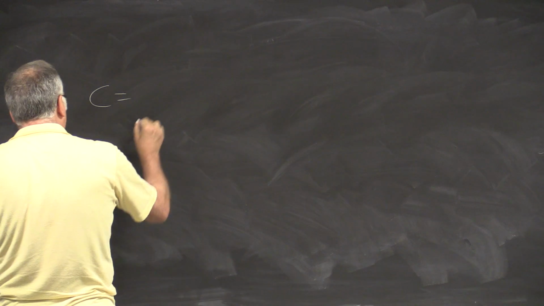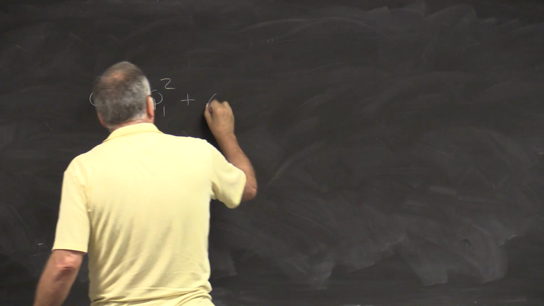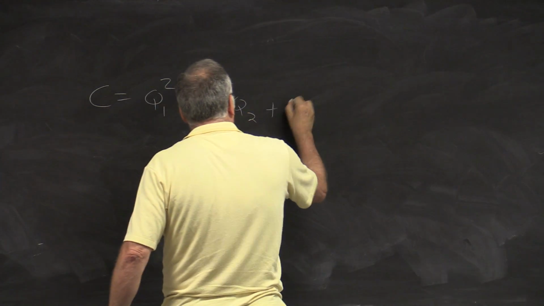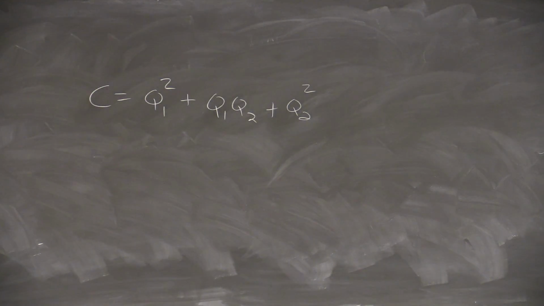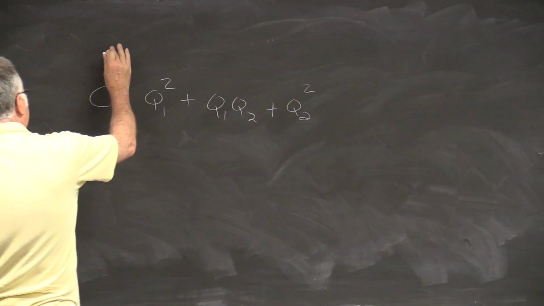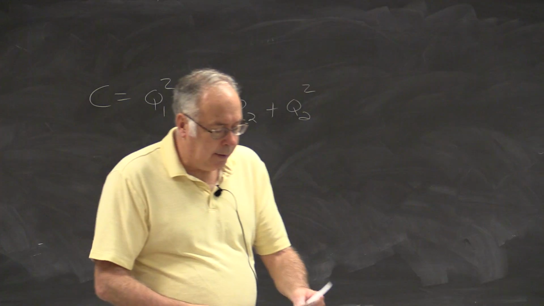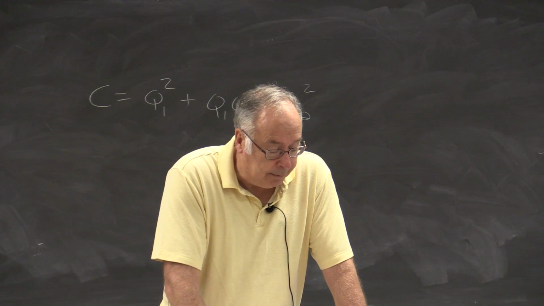Total costs are just Q1 squared plus Q1 Q2 plus Q2 squared. Simple cost function. It depends on how much of product 1 you produce and how much of product 2 you produce. To keep things simple, let's assume that this firm sells its products in competitive markets where the prices are determined by supply and demand.